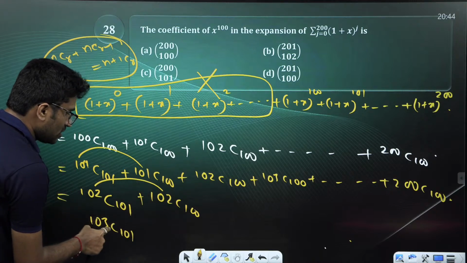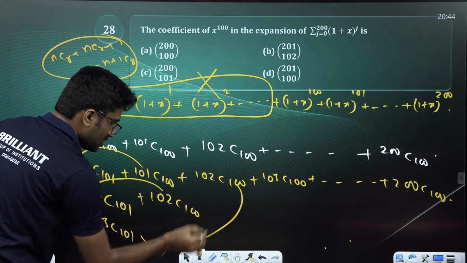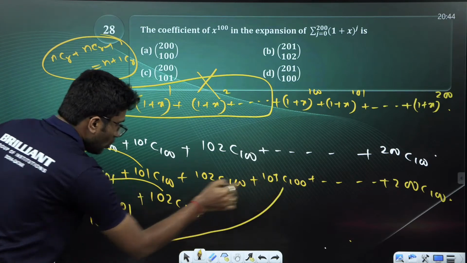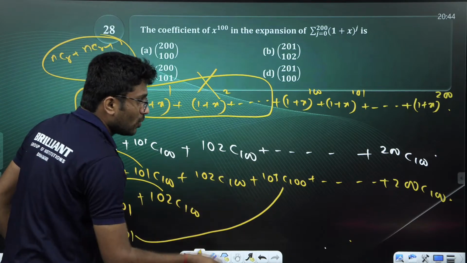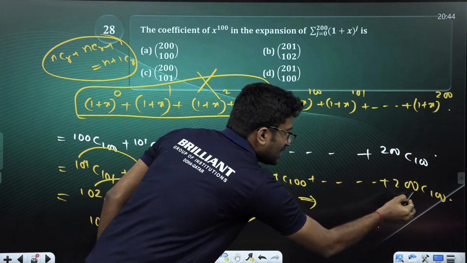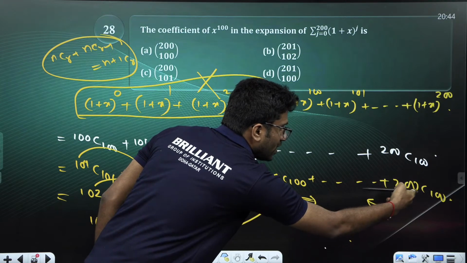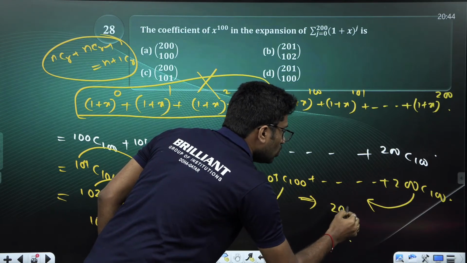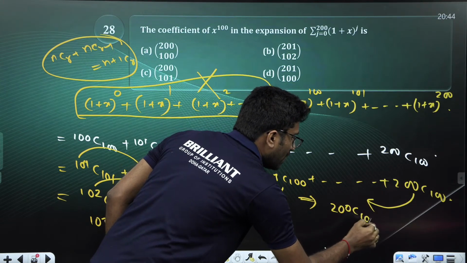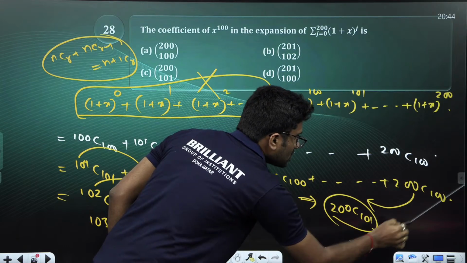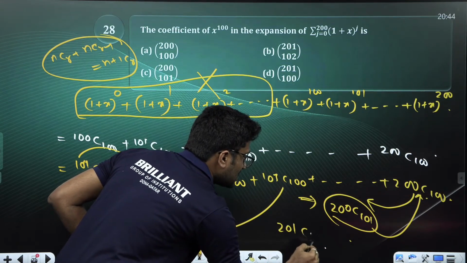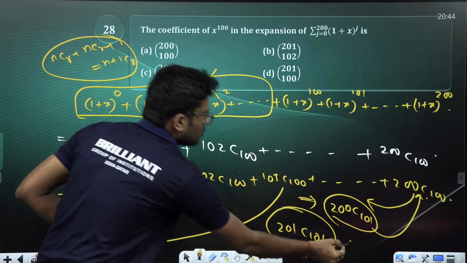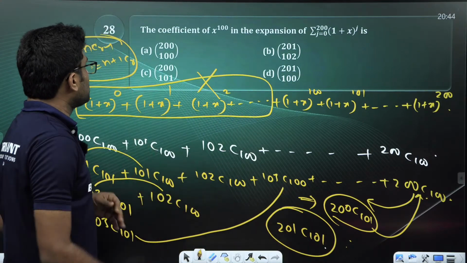If we add 103C100 to this, we get 104C101, and so on. We get the previous term 200C101. Now if this 200C101 is added to 200C100, we get 201C101. This is what my answer is, friends.